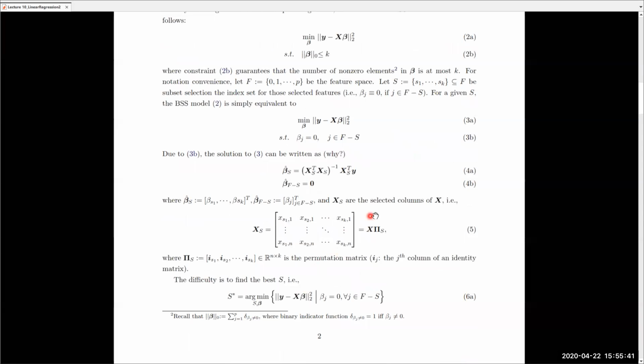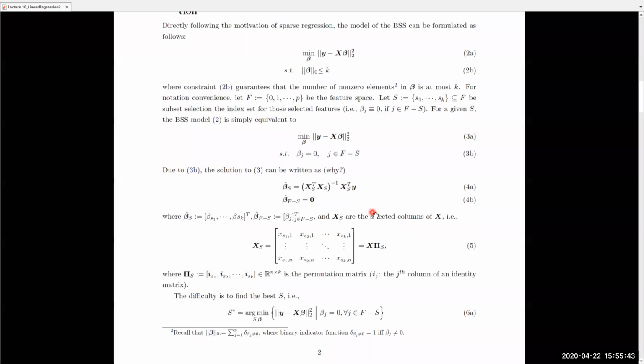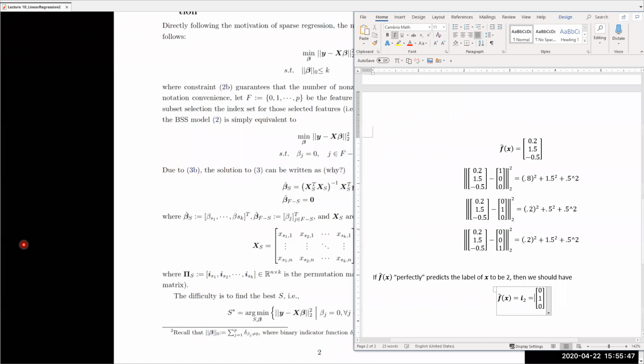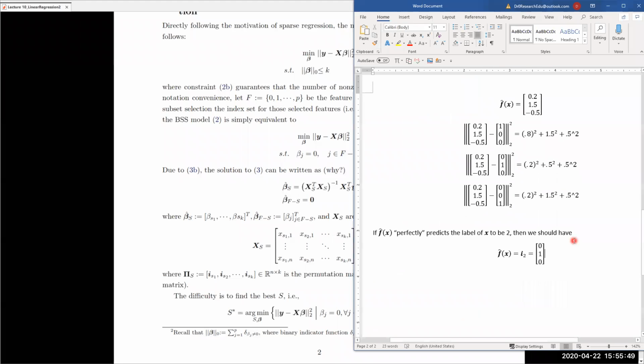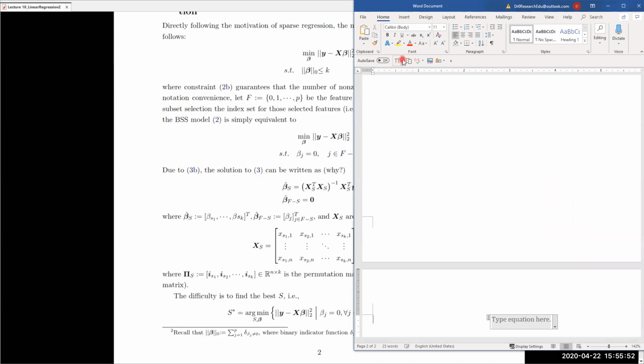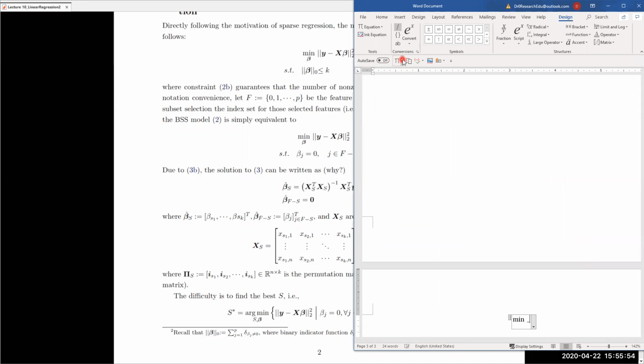Actually, I'm solving what? I'm solving a min-min problem. You know what I mean? Actually, what I'm trying to solve is this problem. I'm gonna solve the min over S, and then inside I'm gonna solve the min over beta. And here is gonna be what?